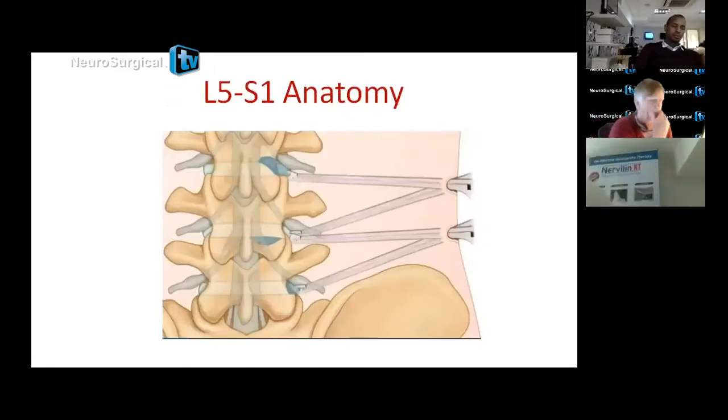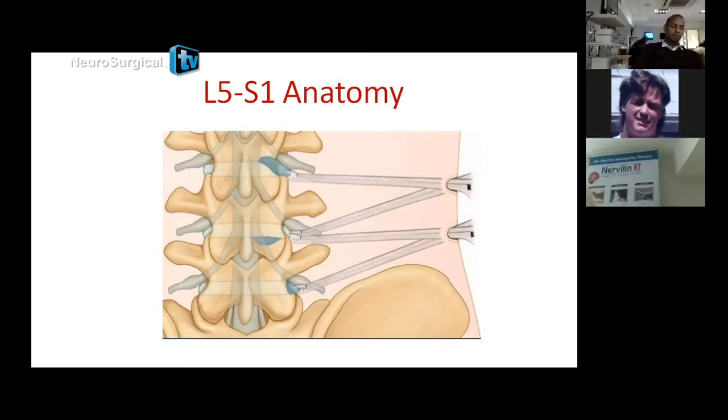For L5S1 anatomy, for L4-5, it's not a problem. But the iliac bone is a real issue for L5S1, especially in some male patients, as my colleague told. And as he also told, sometimes you can enter from the same entrance and do L5S1 and L4-5.